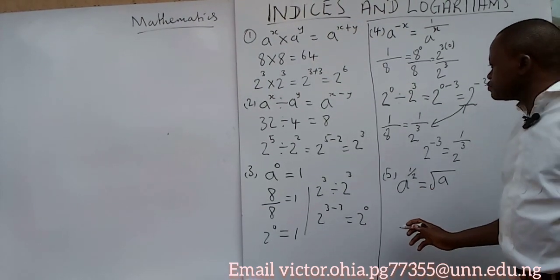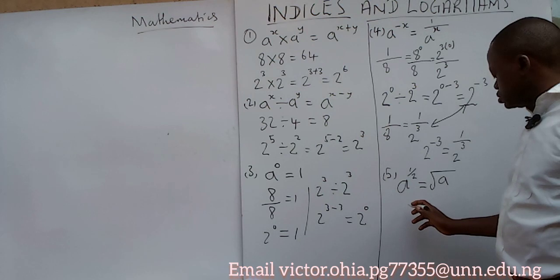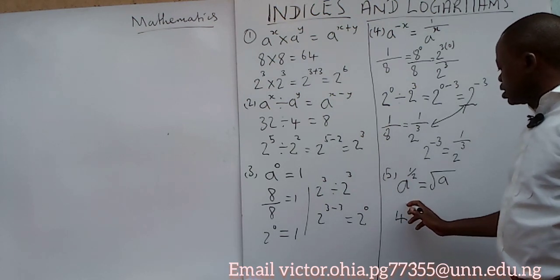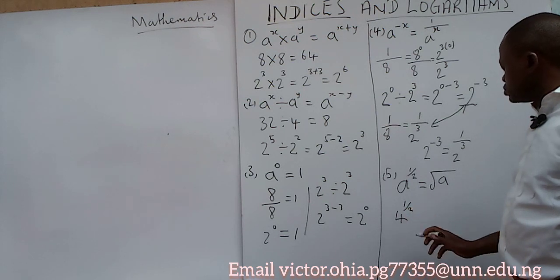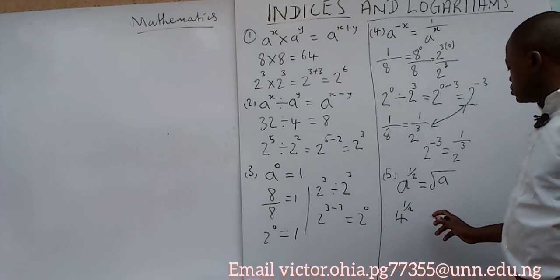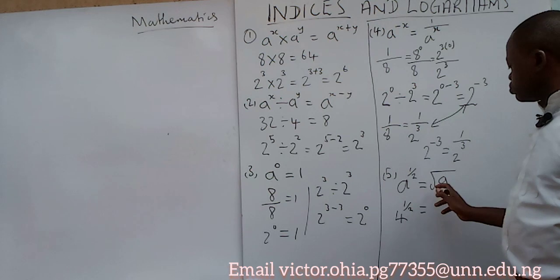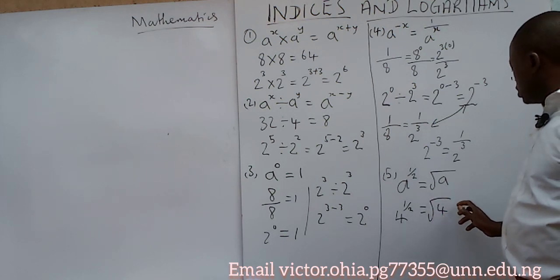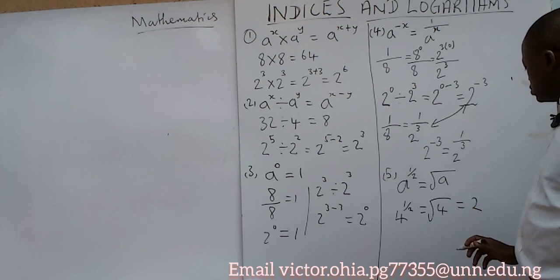If I use even numbers, if I have 4 to power 1 over 2, I am supposed to write the square root of 4, and that will give me, of course, 2.